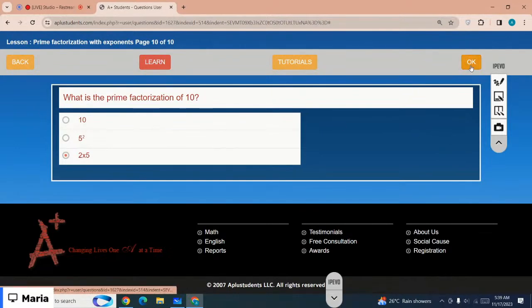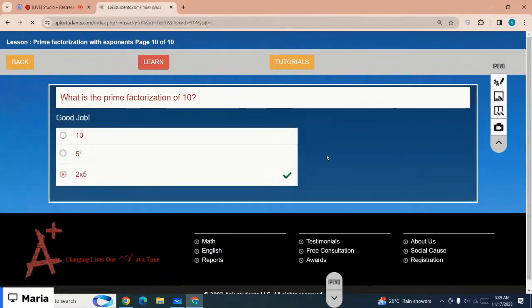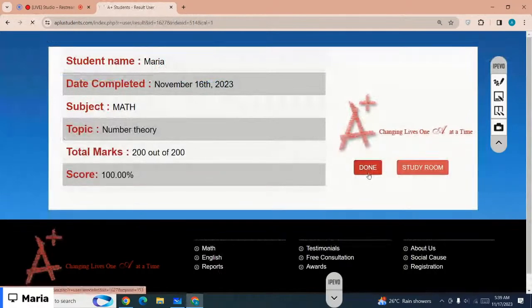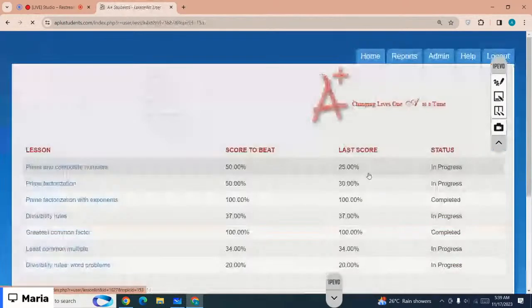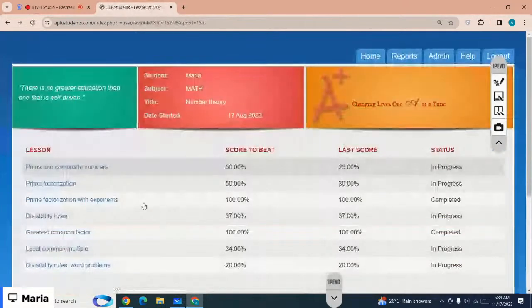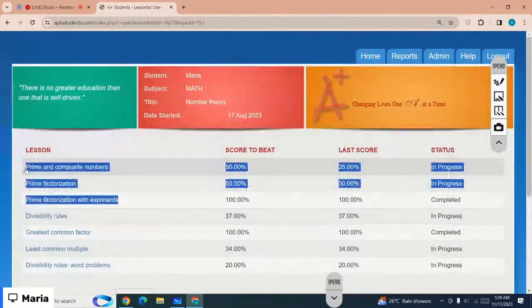Okay, we are done with the lesson. We were working on grade 5 math, and the chapter is number theory. The lessons we covered today are prime and composite numbers, prime factorization, and prime factorization with exponents.